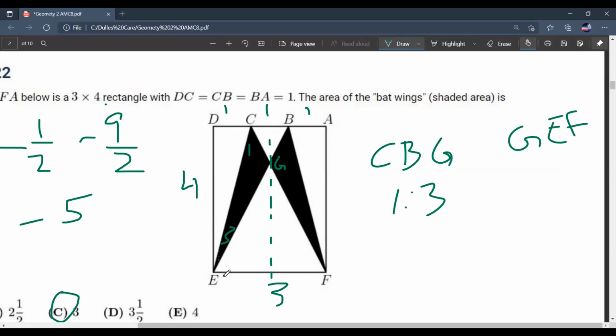We know this because the ratio of CB to EF is 1 to 3. So the ratio of their bases is 1 to 3. So then the ratio of their heights should also be 1 to 3, since they're similar triangles. Does that make sense?